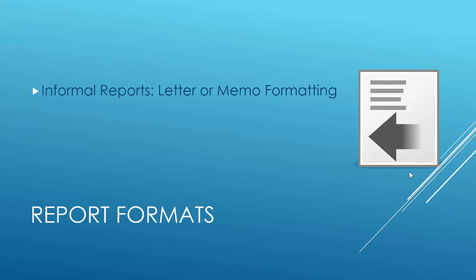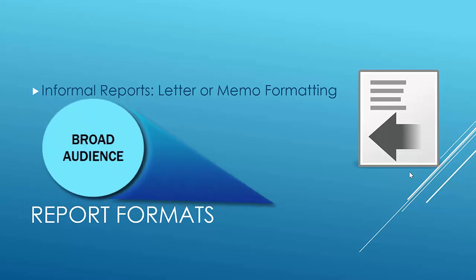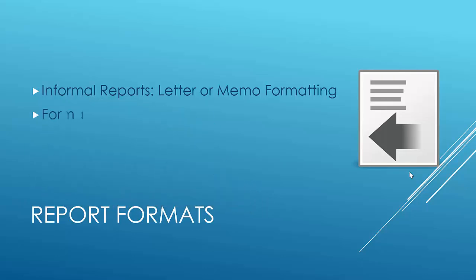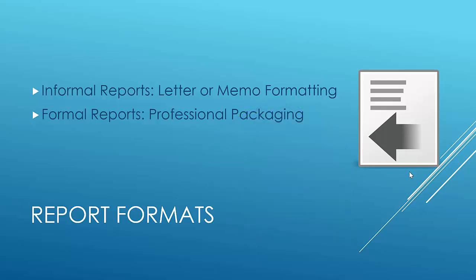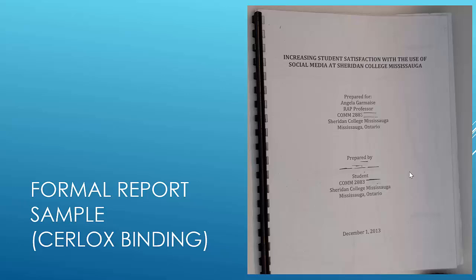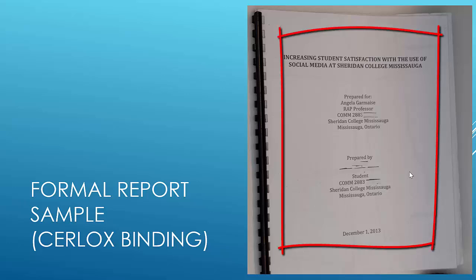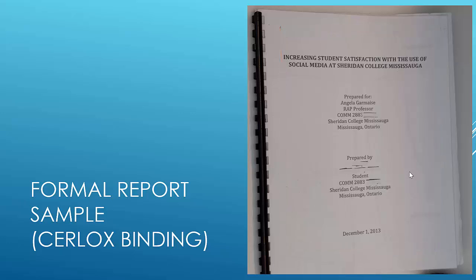However, if a report is likely to be distributed more widely, or if it's longer, or if it will be seen by very high-powered people, it is usually packaged formally. You can see an example of a formal report in your textbook. But in summary, these formal reports contain a hard backing to give the report a sturdy, weighty feel, a transparent cover so busy executives can see what each report is about without having to open anything, and are either Surlock or spiral bound.